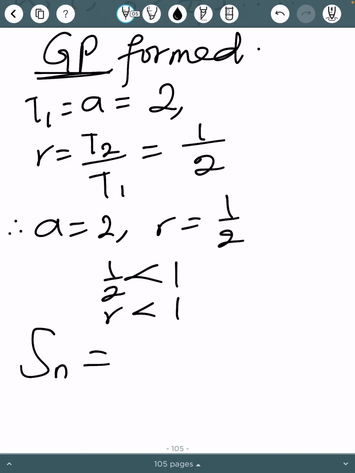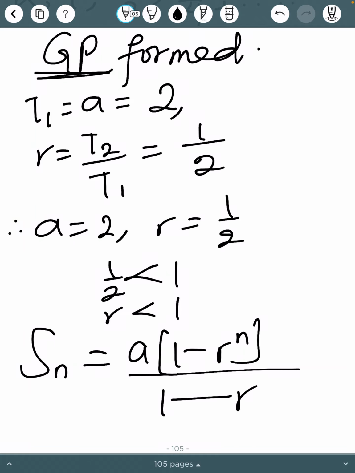So my sum of n terms now, since the progression I've formed is a geometric one, will be Sn is equal to A open bracket 1 minus r raised to power n over 1 minus r.